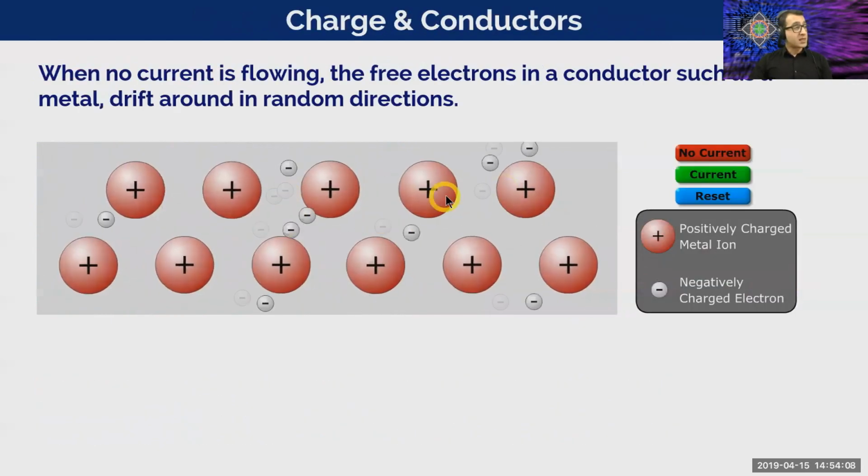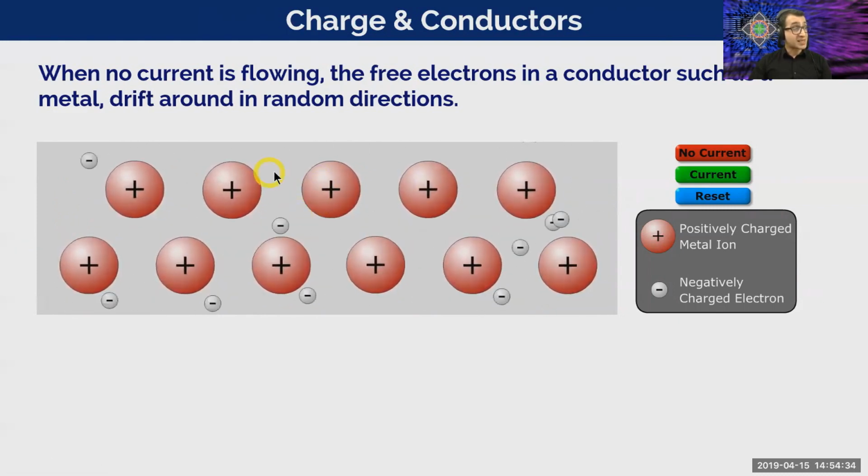So this is a simulation of the positively charged ions in a metallic conductor, and these are the outer shell electrons which have been shared by each one of these metal ions. Each one of these metal ions was a metal atom which shared its electrons. Now, when there's no current flowing, those outer shell electrons are evenly shared between all of these atoms.